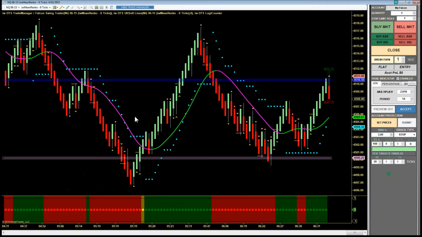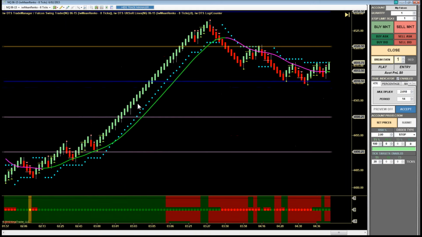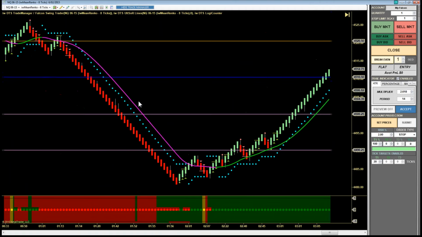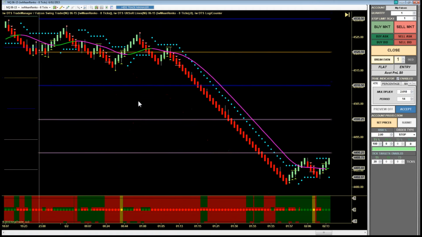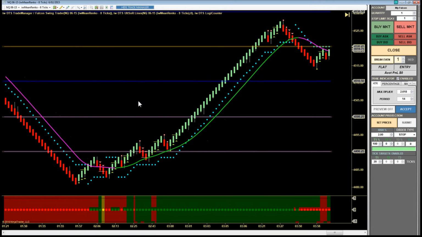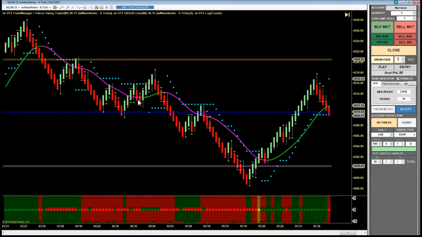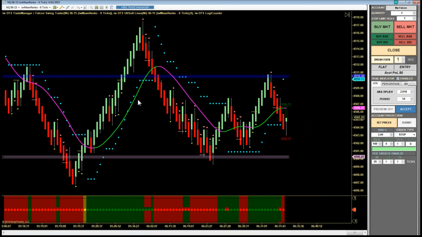All right, let's take a look here at what's going on, or what's been going on. You can see a little bit of a roller coaster. That might be a slight understatement. So the market made a big move lower, then an equally large move higher, and then faded lower again, and now it's just kind of stuck going sideways.